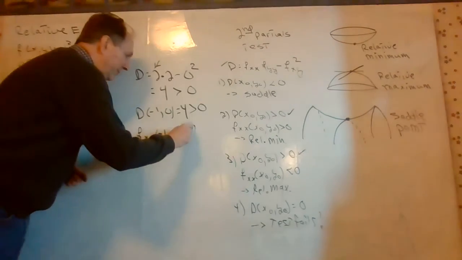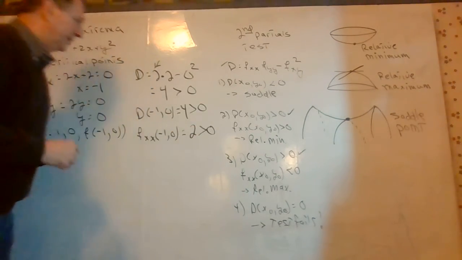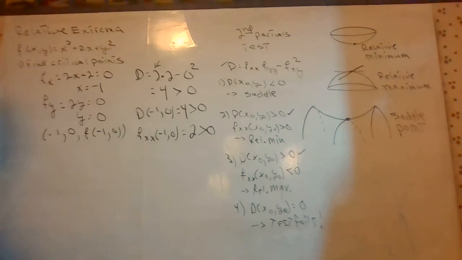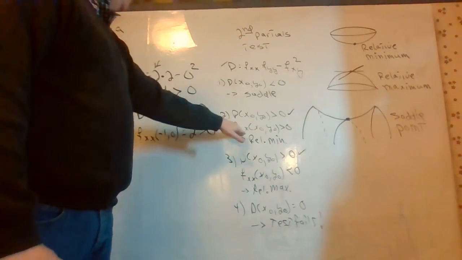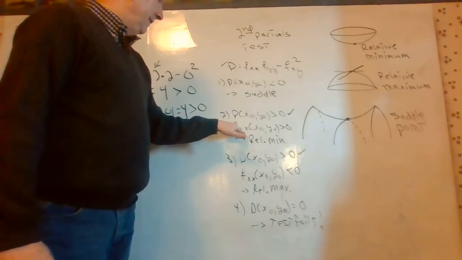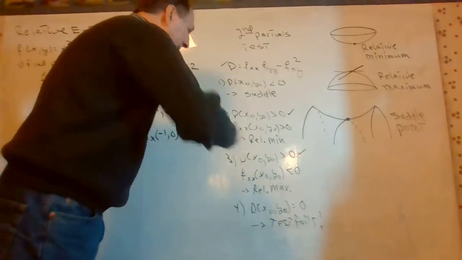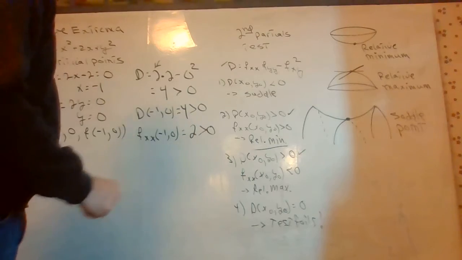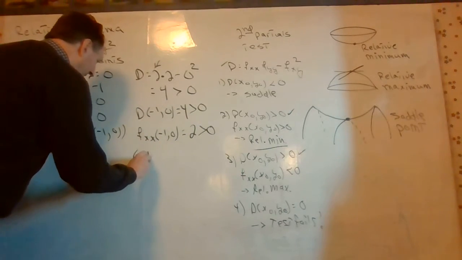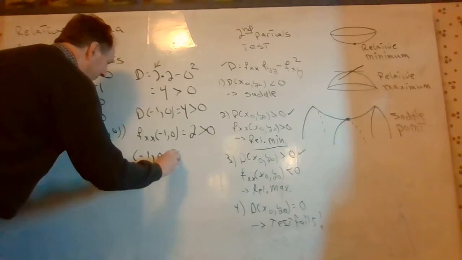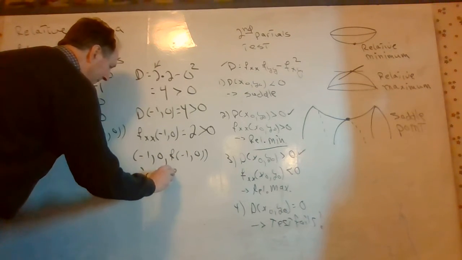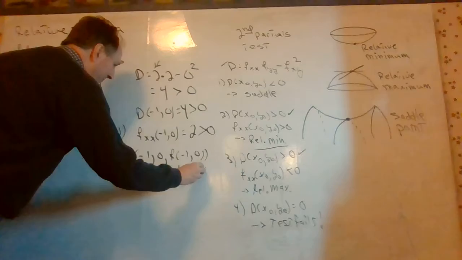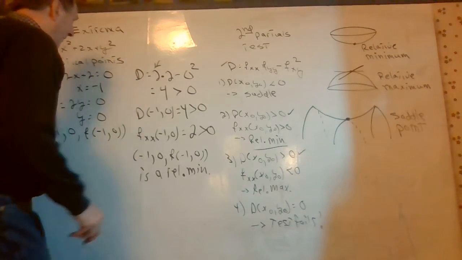That's equal to 2, which is greater than 0. And let's see, this case right here, the second partial of x is greater than 0, so it looks like we have a relative min. Negative 1, 0 is a relative minimum as we expected.